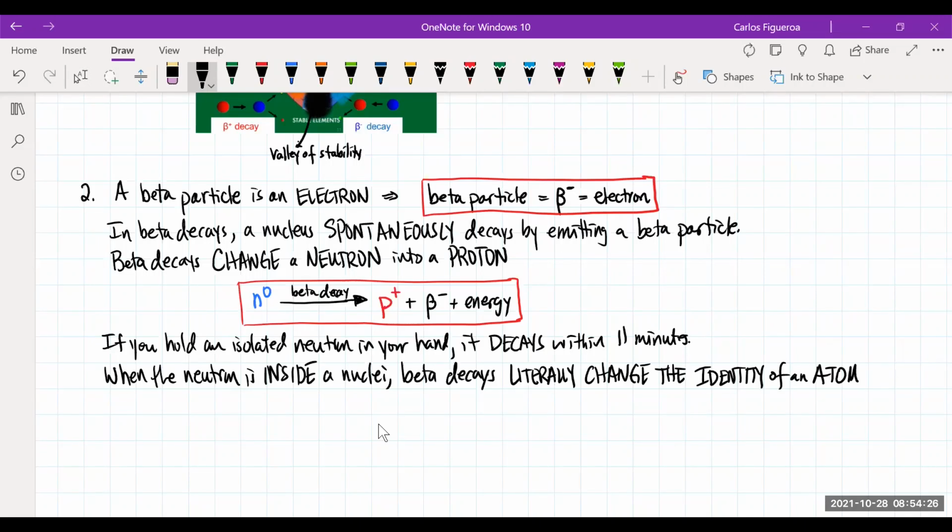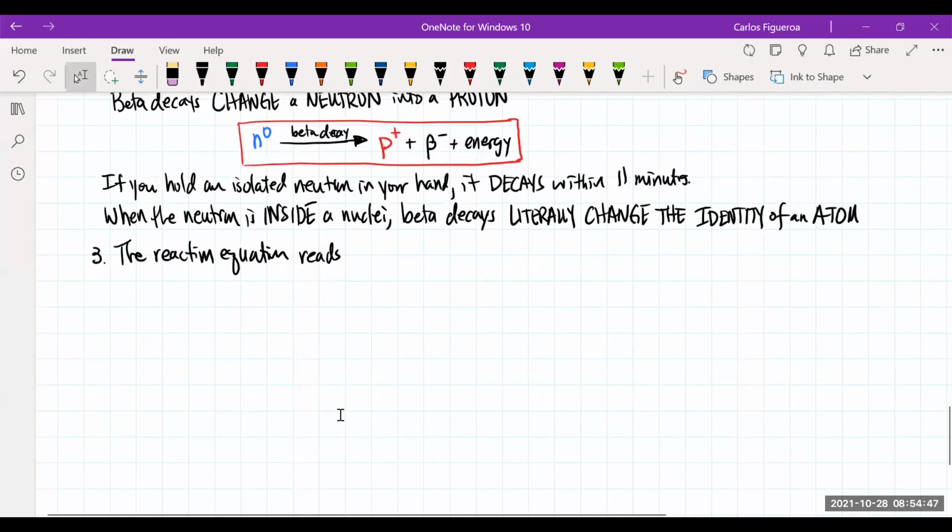So now that we have this, we need the reaction equation. Now remember, it's not like we're solving an equation. We're just comparing two sides here. So what happens in the reaction equation?